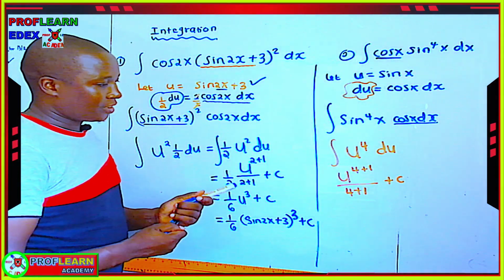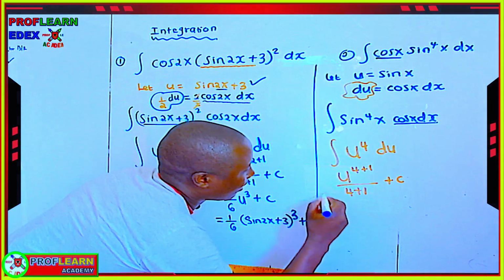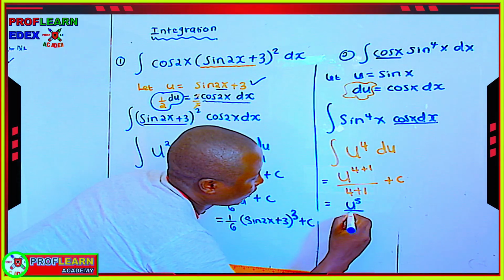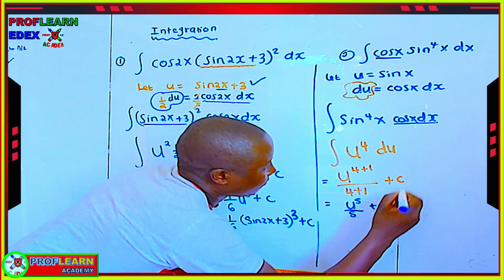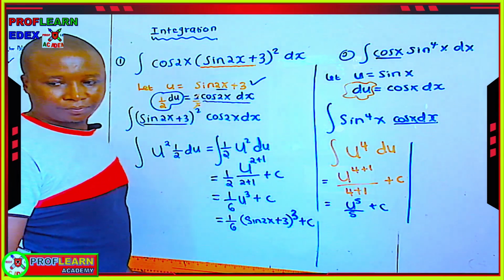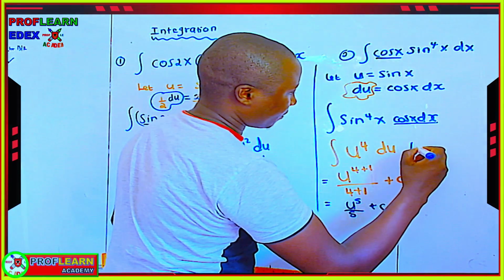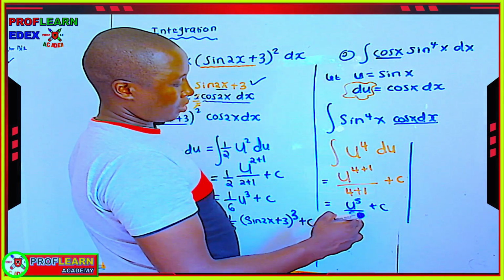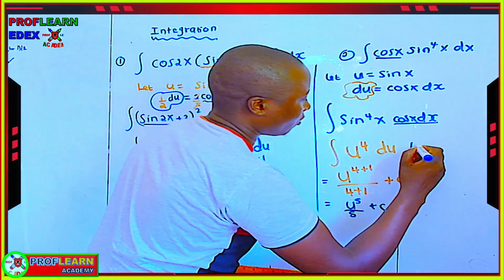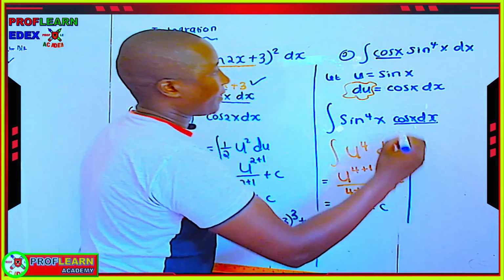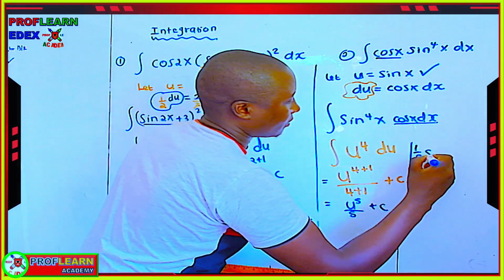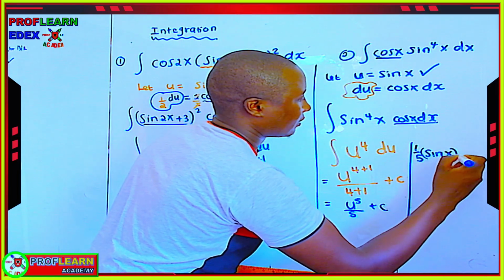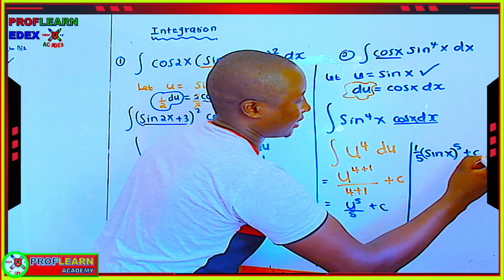So once we have this, we can now say our expression reduces to u power 5 over 5 plus c, which will mean that this expression will be, in terms of x, 1 over 5 sine x power 5, then plus c.